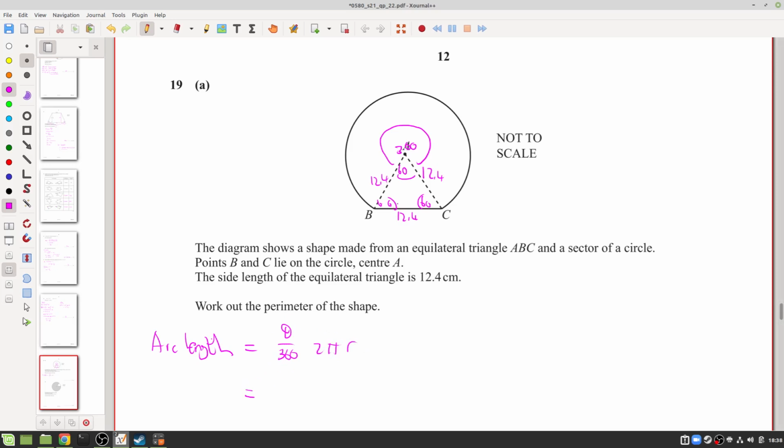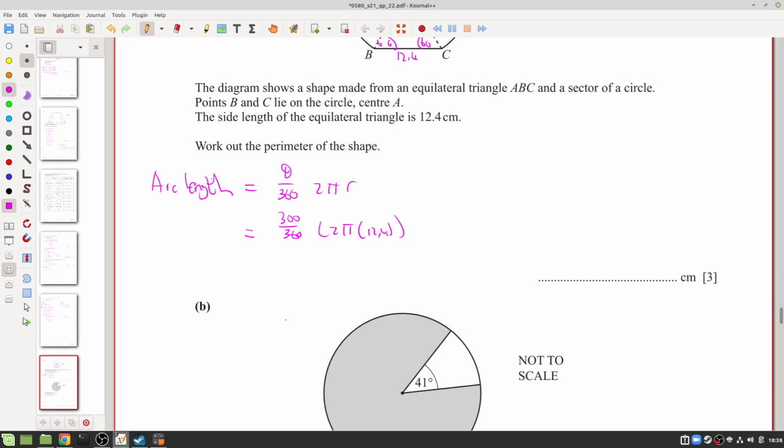So in our case, our fraction we want is 300 over 360, times 2 times pi, and our radius is 12.4. Okay, so 300 over 360 is 30 over 36, which is 5 over 6. So that gives us 5 over 6 times 2, which is 10 over 6, which we can simplify to 5 over 3.